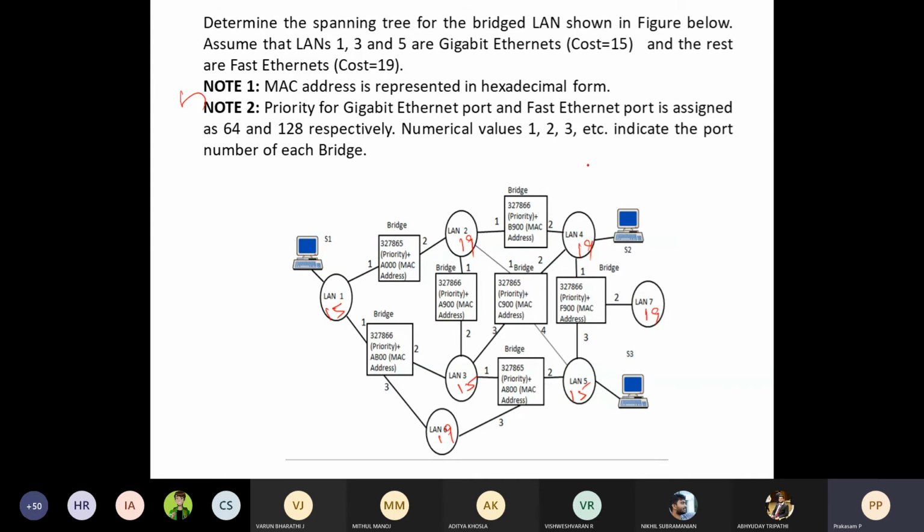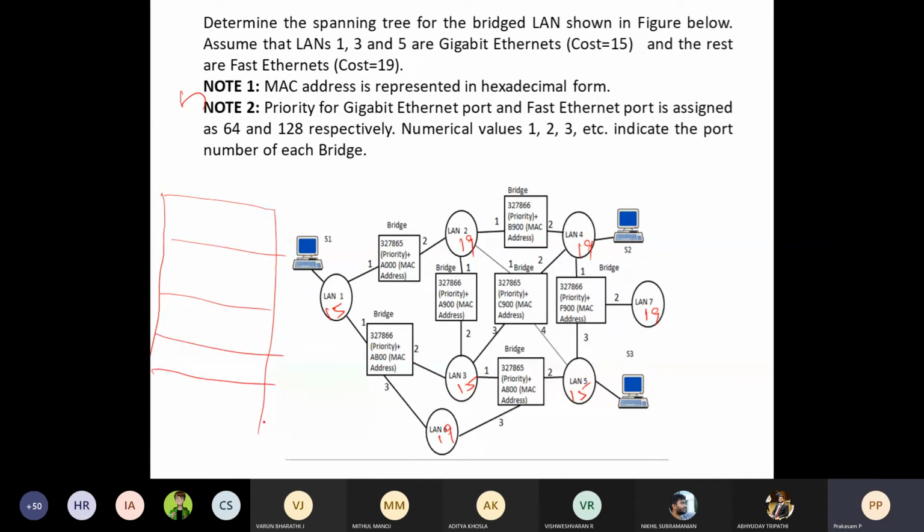The numerical value 1, 2, 3 indicates the port number. That is common. So here, instead of taking the bridge ID as B1, B2, B3, B4, B5, the first step is to create the bridge ID for all.